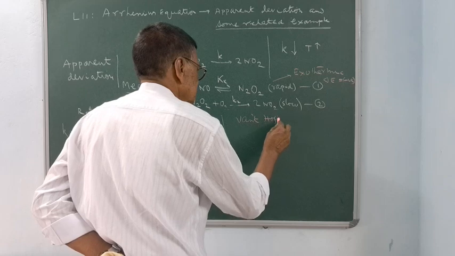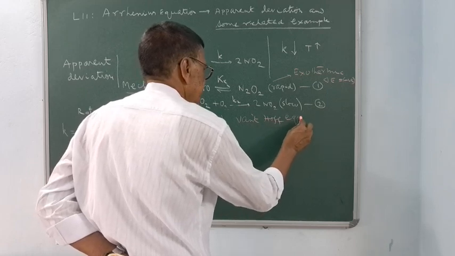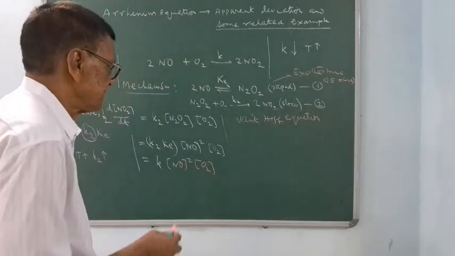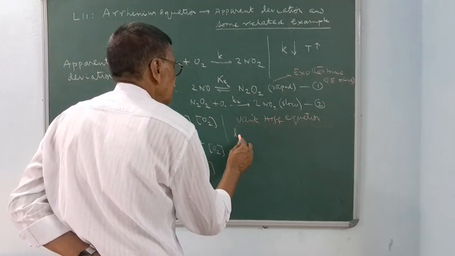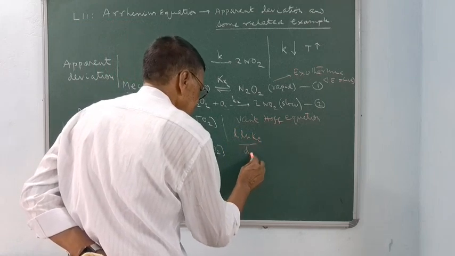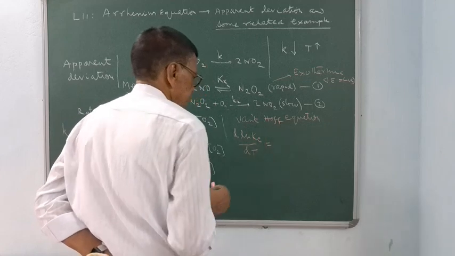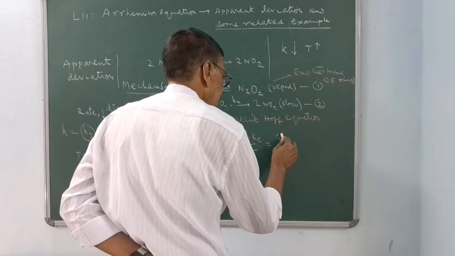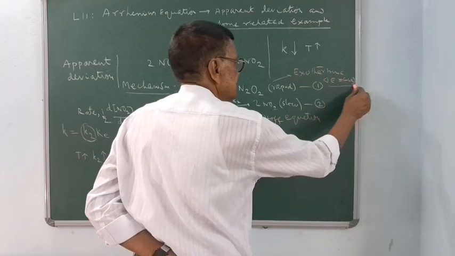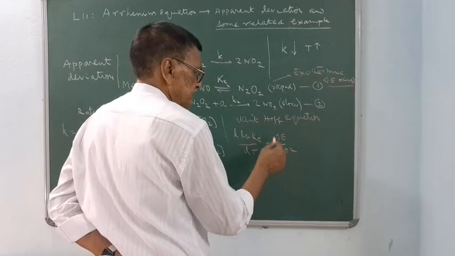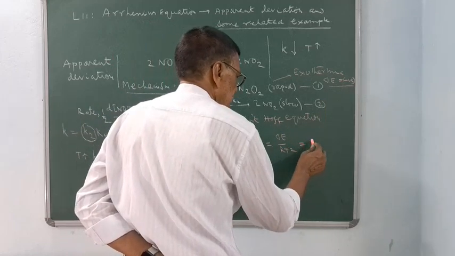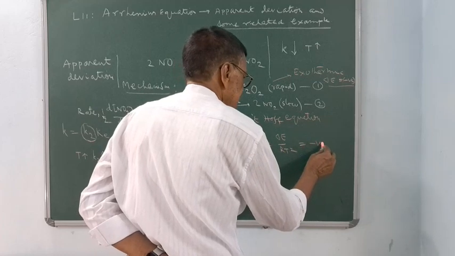The van't Hoff equation relates the equilibrium constant with temperature. It is d ln Ke divided by dT equal to delta E by RT square. Since delta E is negative, and the rest are positive, the whole right hand side is negative.